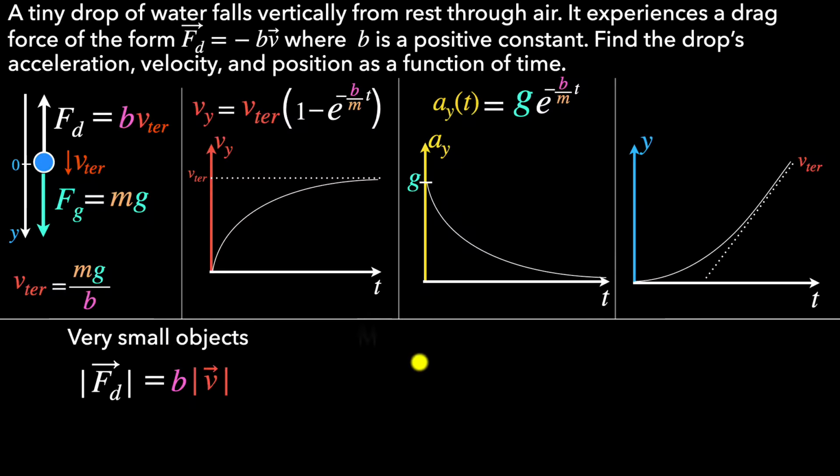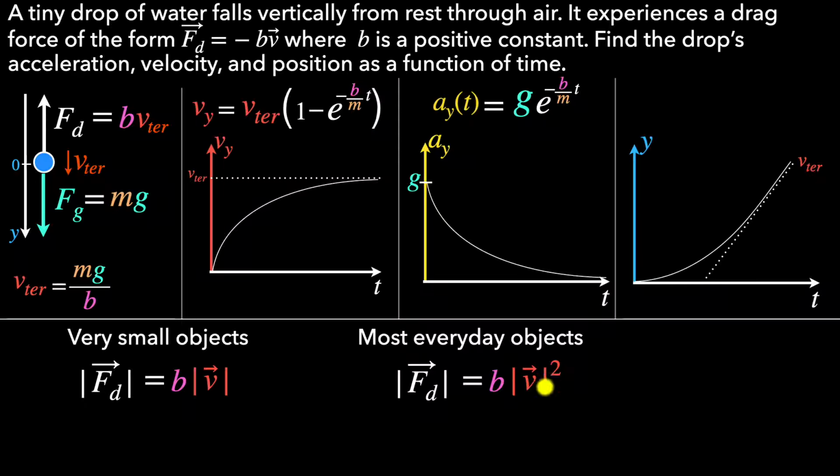But for most everyday objects, large objects, like cars or trains or buses or birds, whatever that is, it turns out that a much better model for drag force is the one in which the magnitude of the drag force is proportional to the velocity squared. In other words, the magnitude of the drag force is quadratic with velocity. But for very tiny objects like raindrops, we can model it to be linear with velocity.